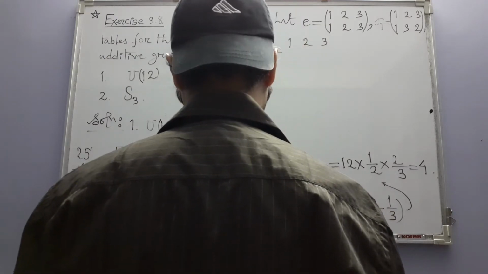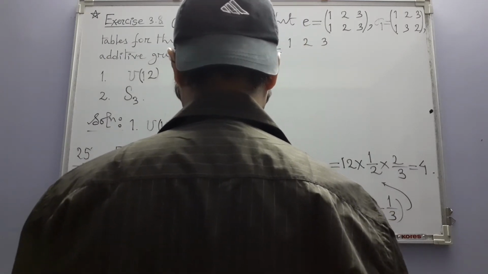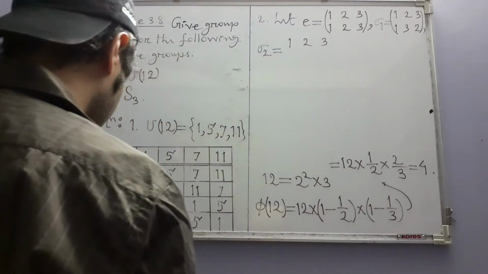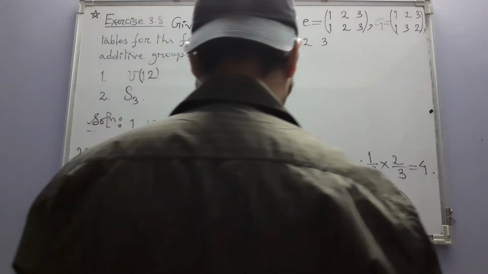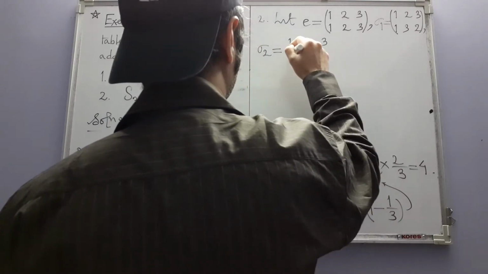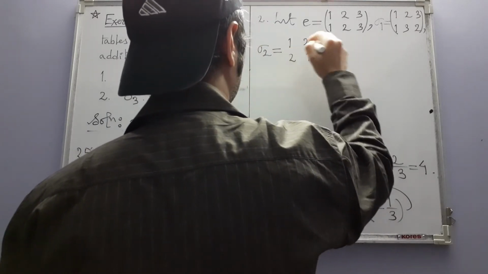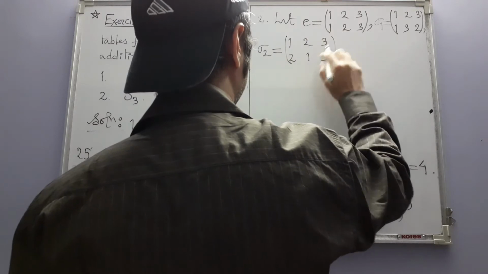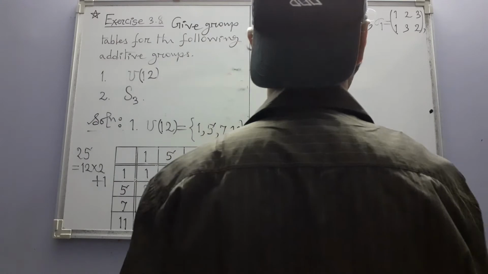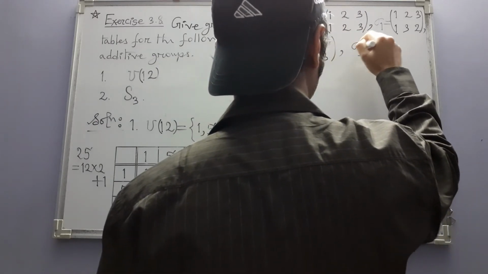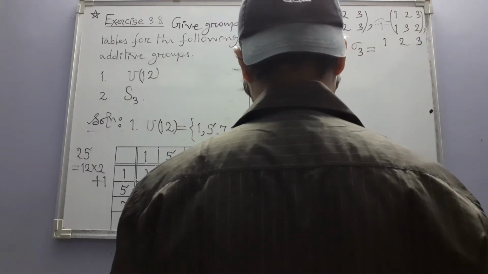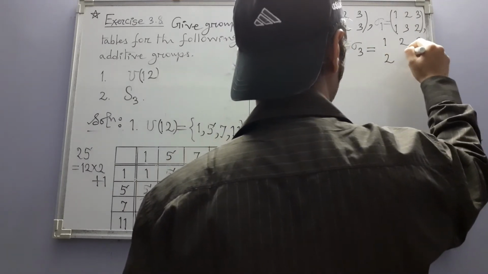1 2 3, 1 3 2. I have the thing calculated here, so I'm trying to maintain that same thing, because if something goes wrong I can look at this. 1 2 3, 1 3 2, 2 1 3. There are better and more compact notations for these things which will come afterwards. Sigma 3 is 2 3 1.